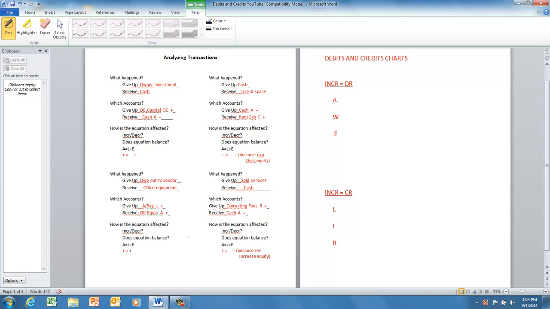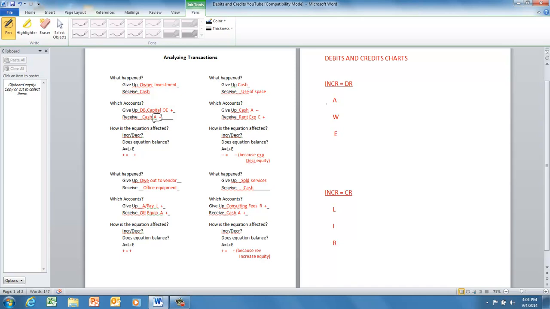So here I have 4 transactions listed on here, and we're just going to take a look at using our debit credit chart and filling in the debit and credit on these transaction sheets. So on the first one, we have an increase in an asset.